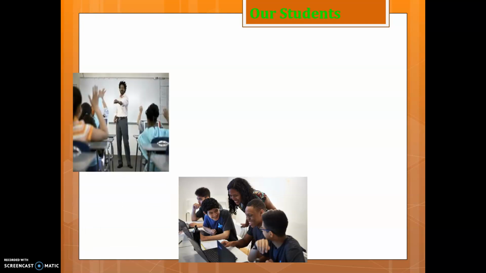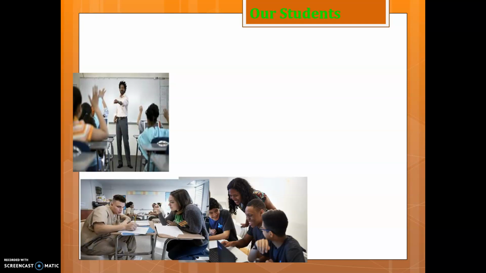It could look like whole group instruction, where in your traditional setting you have a whiteboard and you're calling on kids and kids are raising their hands, ready and eager to answer your question. It could look like this. Students are sitting in groups and you're able to sit with students in a group or sit with a particular student and provide individual support based on their weaknesses that you've already identified through assessment practices.